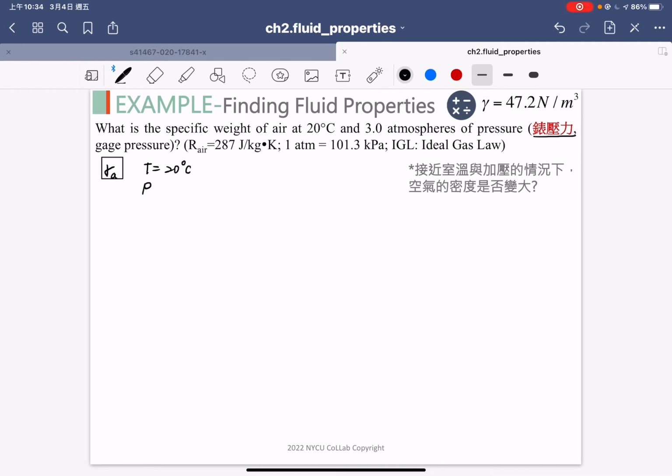What is the gauge pressure? It's the pressure relative to the environment. As we know, the environment pressure is 1 atm, right? And the gauge pressure is relative to the environment pressure. So absolute pressure is 1 atm plus 3 atm.